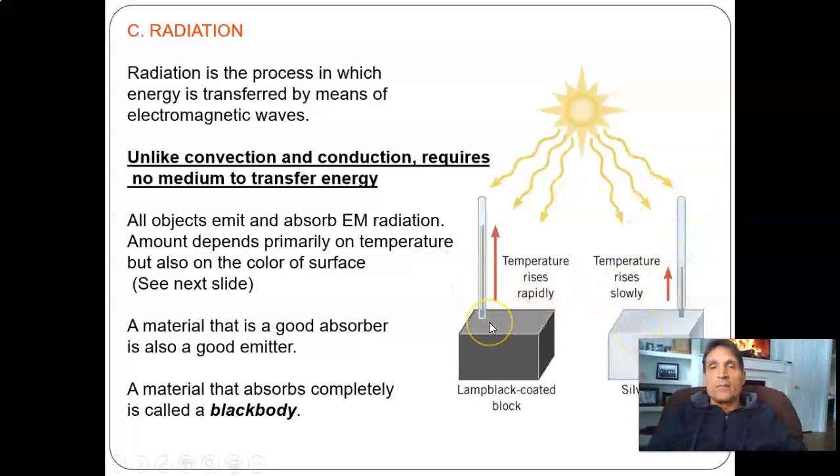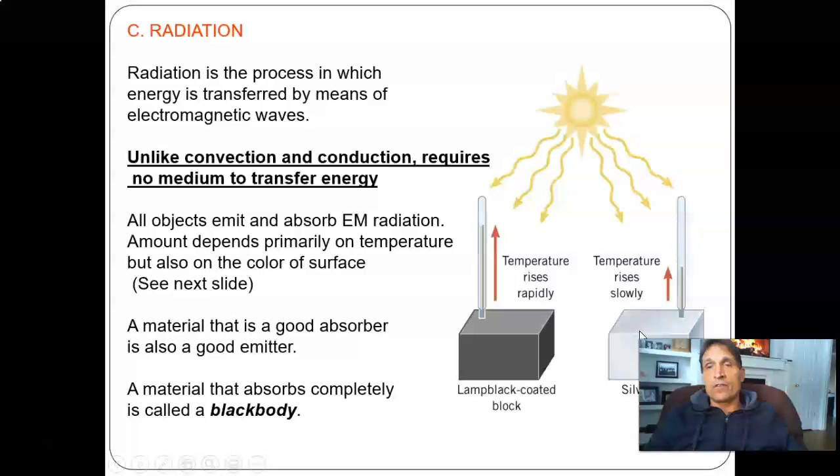It turns out that a good absorber of radiation is also a good emitter of radiation, so the amount of radiation emitted or absorbed by a surface at a given temperature depends on how dark it is, or on the other extreme, how reflective it is.